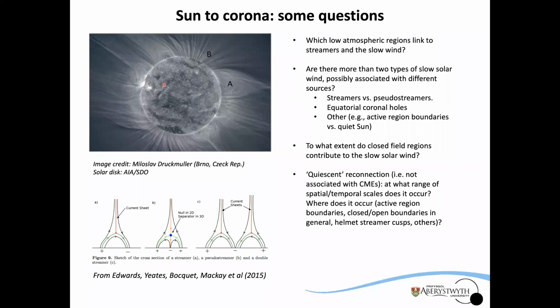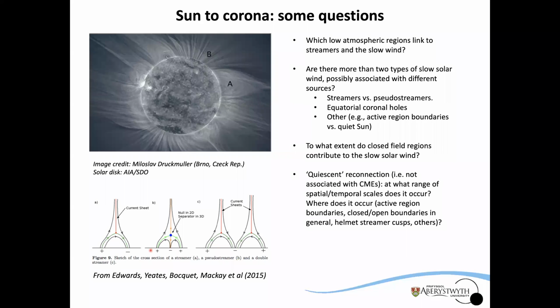For example, we know we have two different types of streamers, and I've shown them in the bottom left here from Edwards et al. 2015. We've got a standard model of a helmet streamer where you've got a large system of closed magnetic field, and overarching these, you've got open field from neighboring regions of opposite sign, and you have a current sheet.